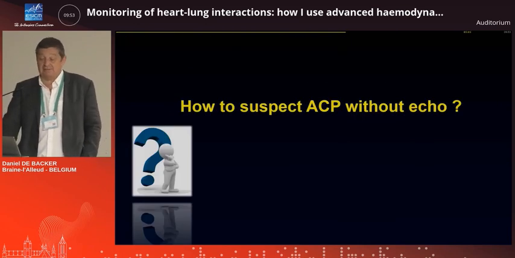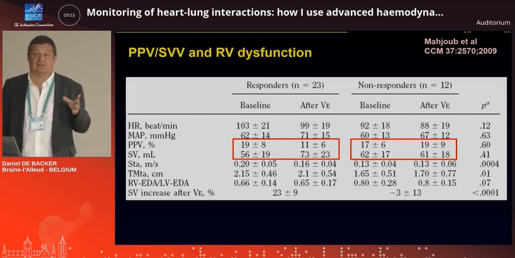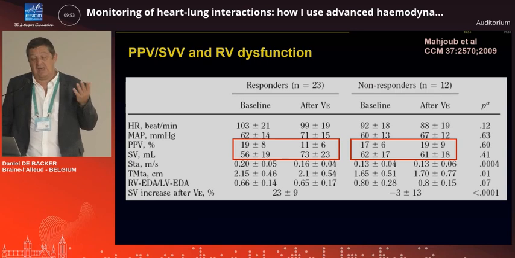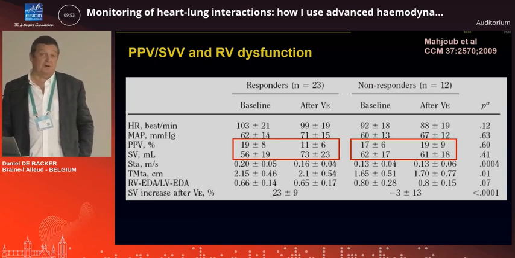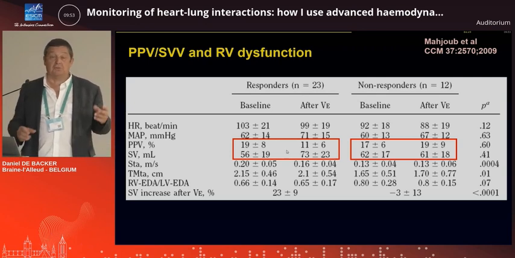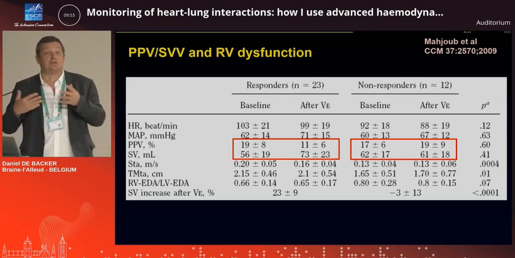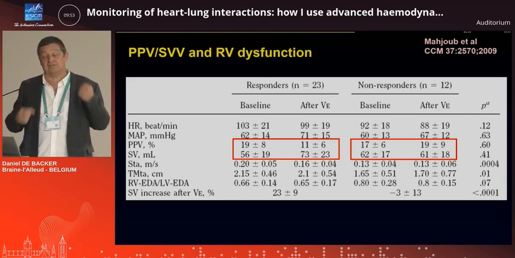How to suspect acute cor pulmonale without echo? Of course, you can have already some ideas. And some ideas come when you look at pulse pressure variations, and when you see that these patients fail to respond to fluid. And this can be done by giving fluids. It can also be done by doing the passive leg raising test and seeing whether you increase cardiac output or not in these patients.